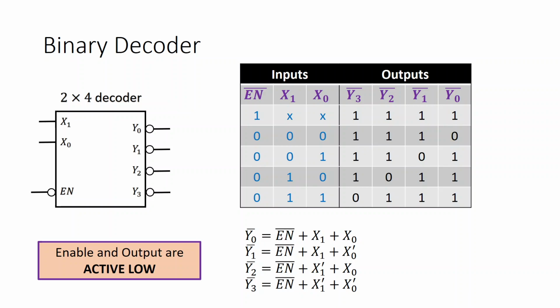So when we need an output to be active, we need to produce a 0 output at that particular pin, and when it is an input side, like here you see enable is also active low. So when we need to enable, we need to give a 0 at the input of the enable.